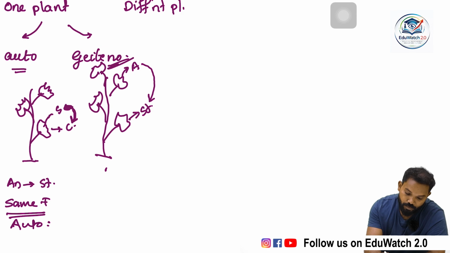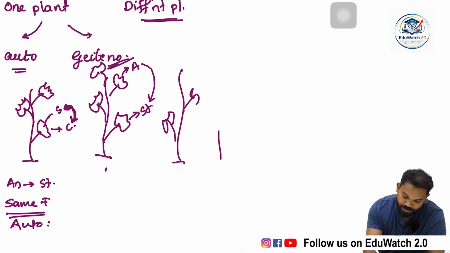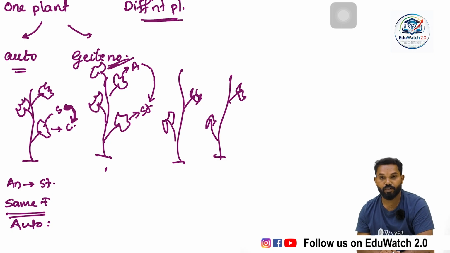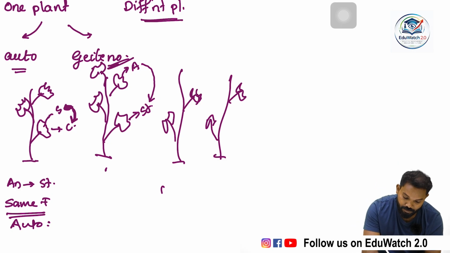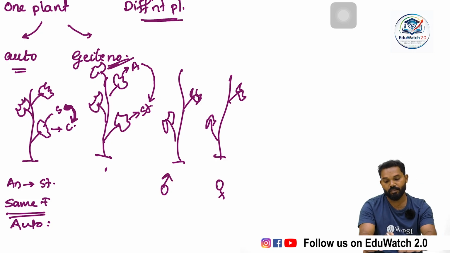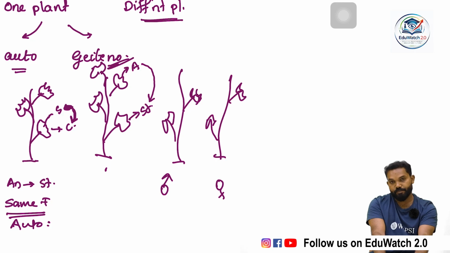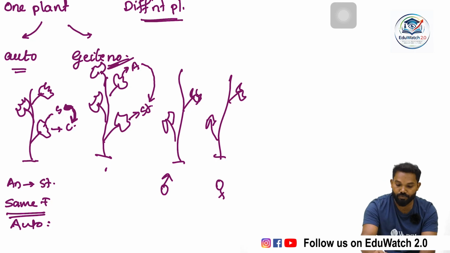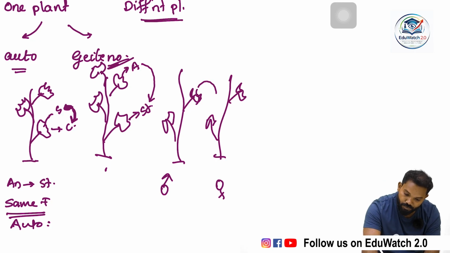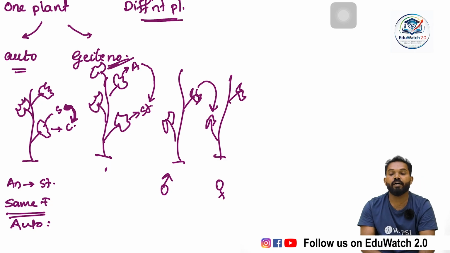And this phenomenon takes place in different plants also. That means if the plant bears unisexual flowers, or the plant is dioecious in nature, one plant is a male plant and another plant is a female plant. The pollination should happen only from a flower of one plant to a flower of another plant.